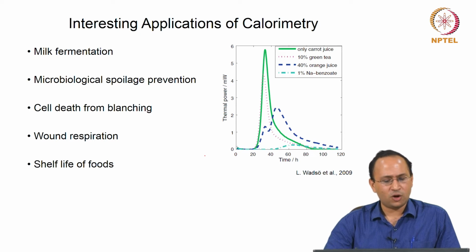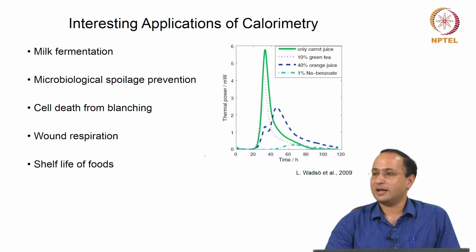So, isothermal calorimetry can be used to study the effect of such methods by studying samples treated with different methods, or measuring the thermal power before and after the application of the method. You want to study the effect of something, so you can carry out this study and see what happens to the heat signal when you use, suppose, an additive.